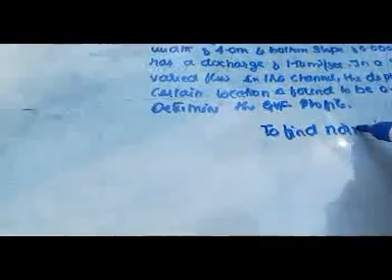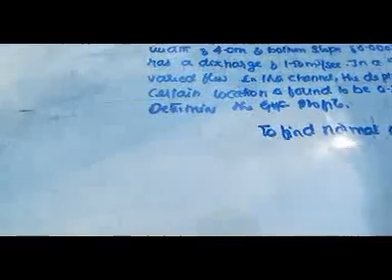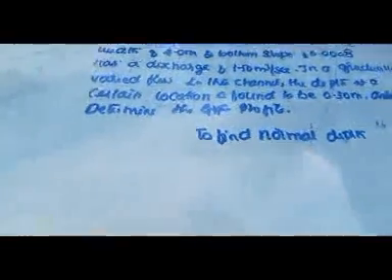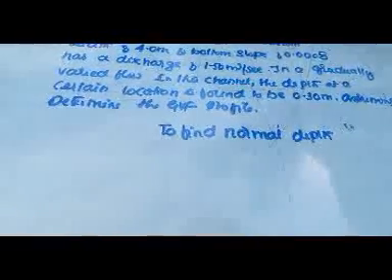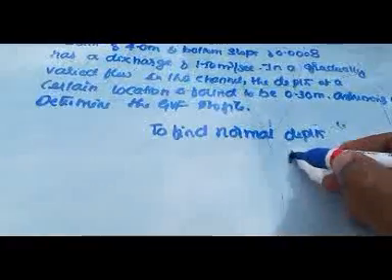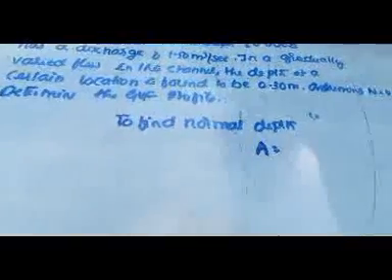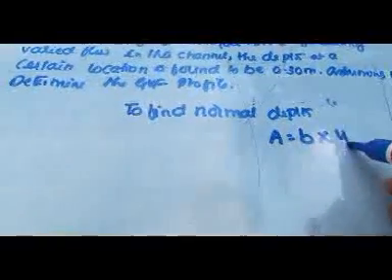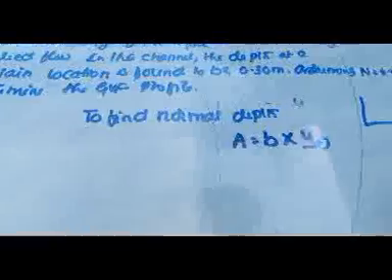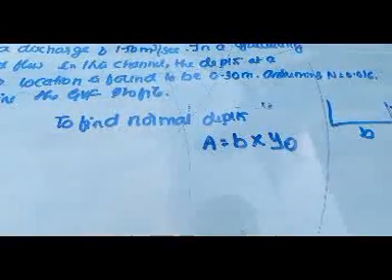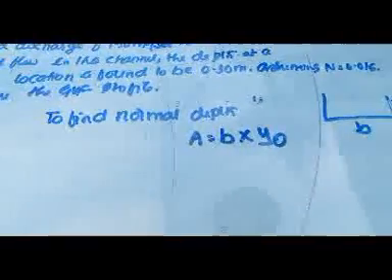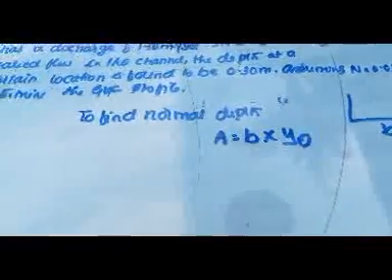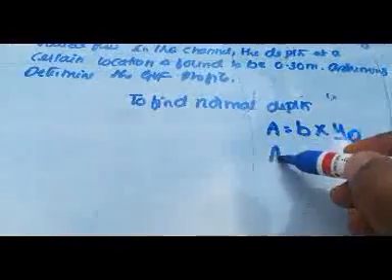To find the normal depth, we don't know the depth, so A is equal to B into Y0.